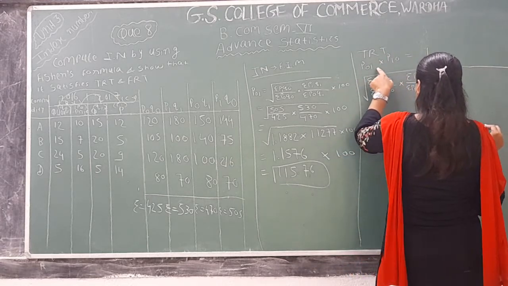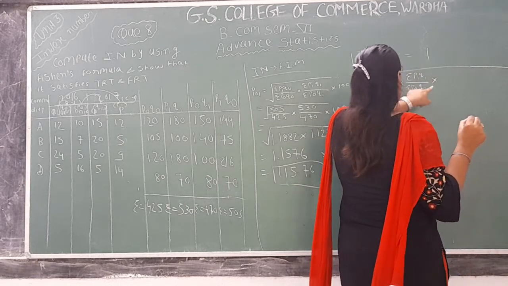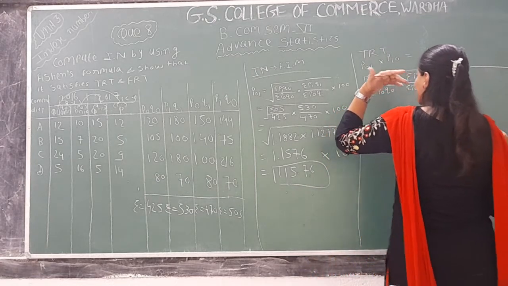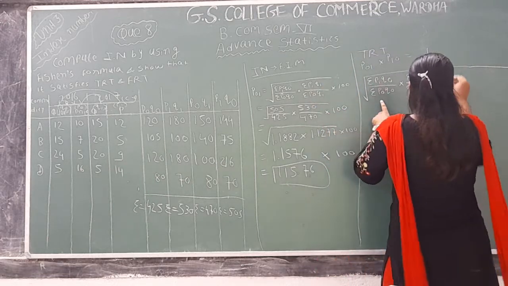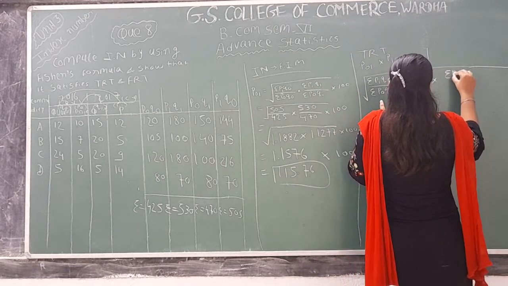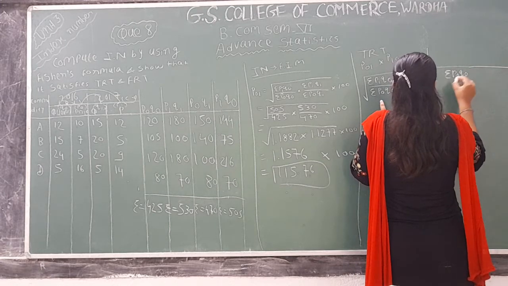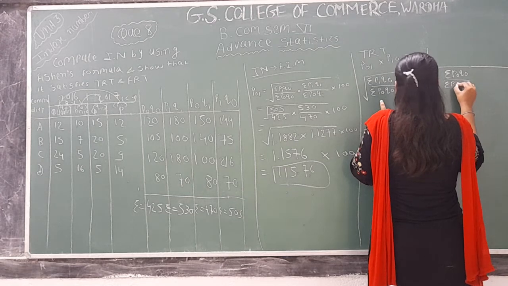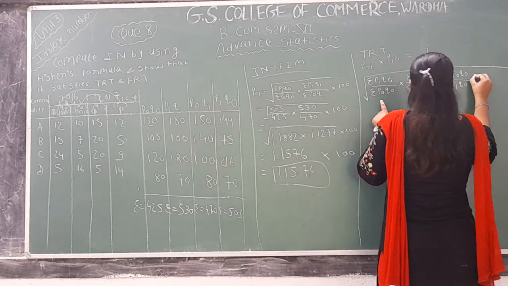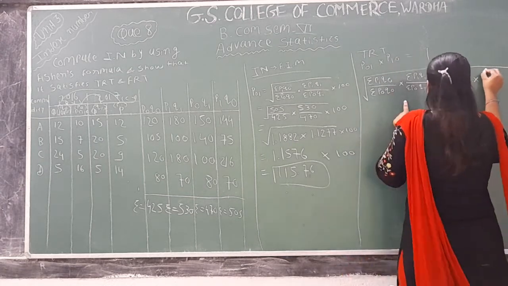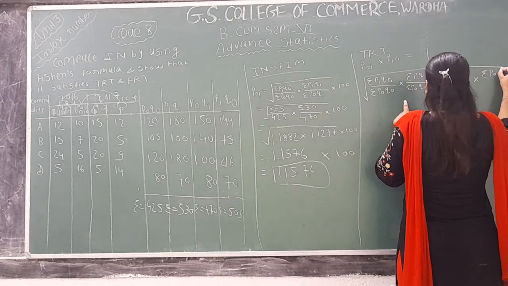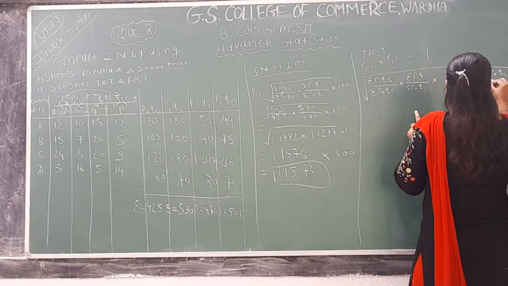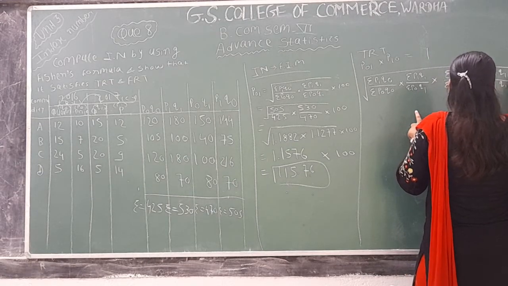That is why I am writing here the formula to compute P10. It is going to be the reciprocal of this formula, so it will become summation P0 Q0 upon summation P1 Q0, into summation P0 Q1 upon summation P1 Q1.